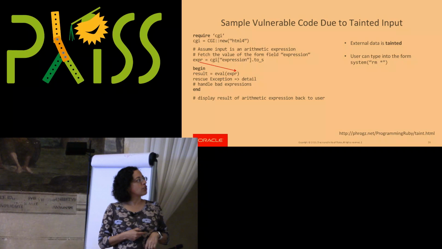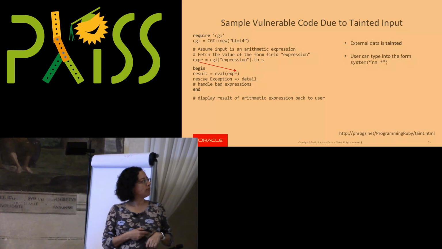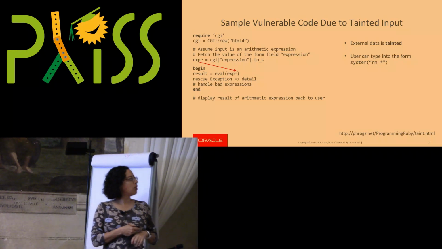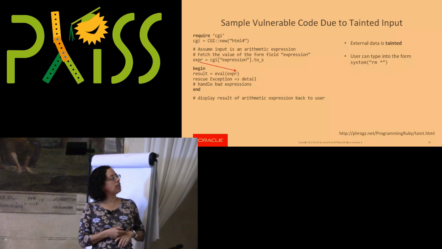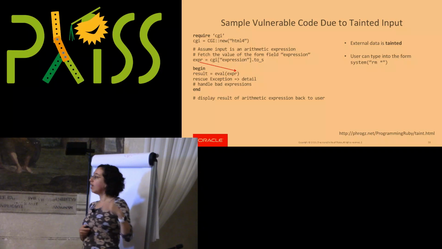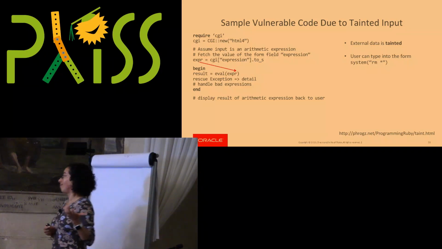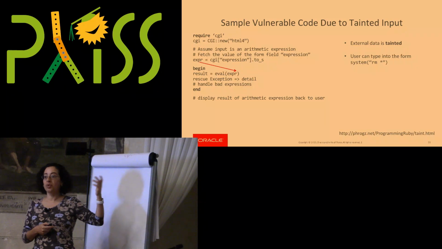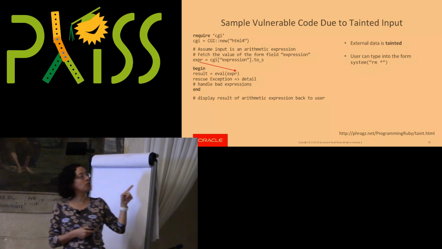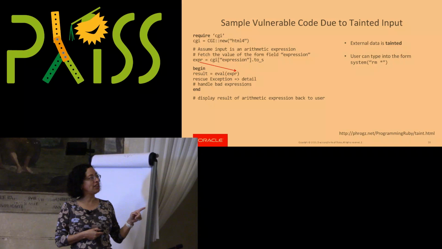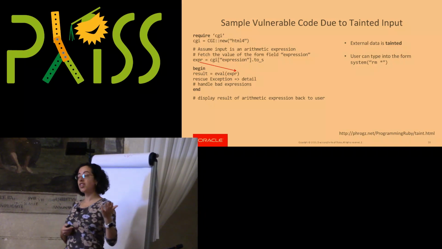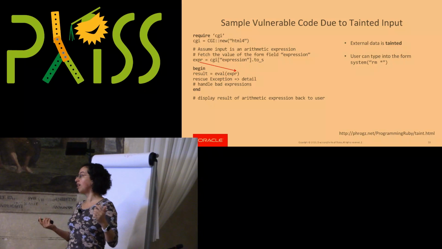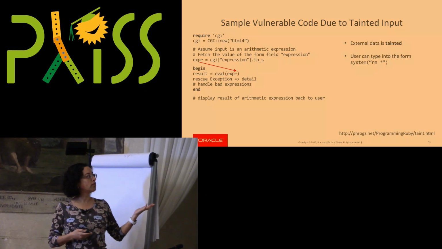So we're trying to get that expression through here, and then we're going to eval, like execute that particular expression. Of course, you can all see straight away, not a good idea, because we're not actually checking what we're going to be executing in that expression. Someone could have written system remove star, and then we remove all of our files, right? So not a good idea.